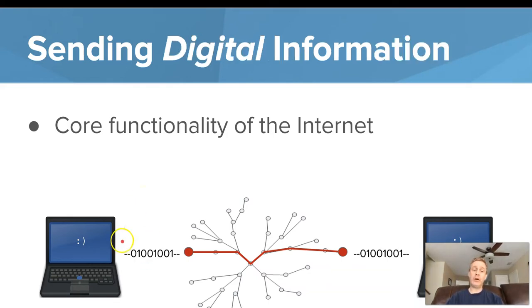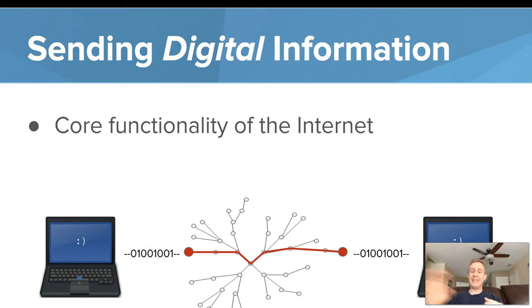And as we learned, we can convert Mr. Smiley Face into digital information, into just bits, zeros and ones, and ultimately it's zeros and ones that are being sent over the internet to the other computer, and then that computer takes those bits, converts and reads it, and understands it as being Mr. Smiley Face.